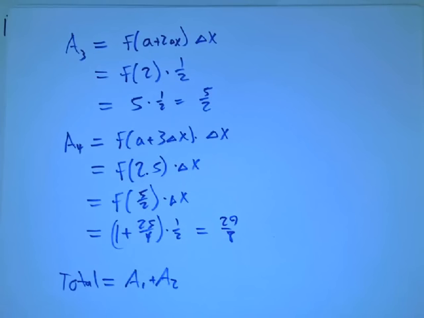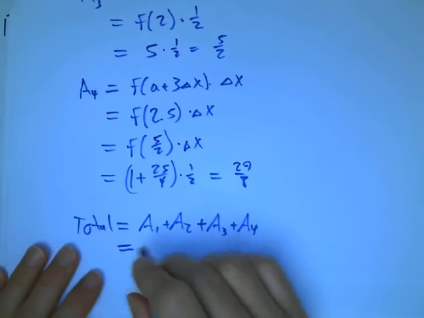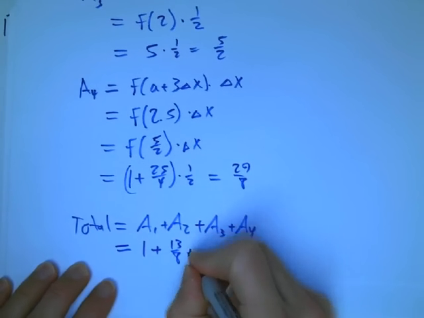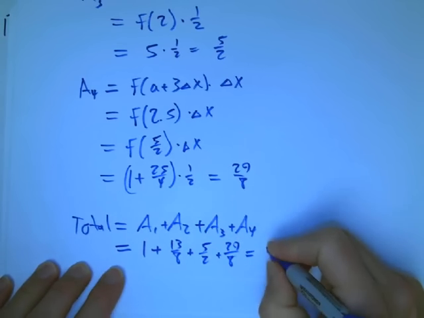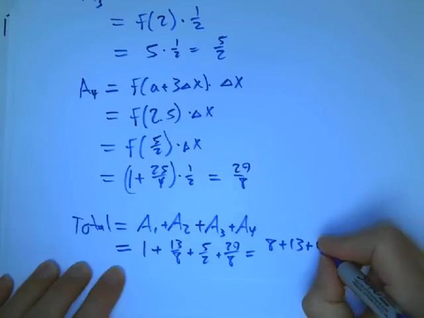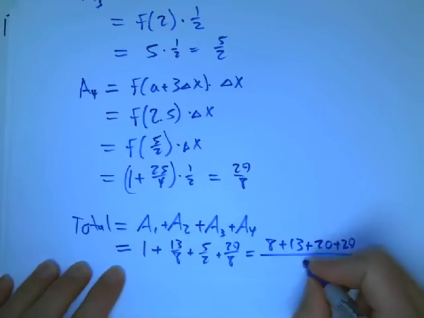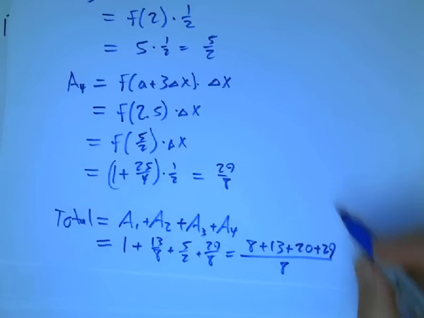So the total, A1 plus A2 plus A3 plus A4, is equal to 1 plus 13/8 plus 5/2 plus 29/8. Let's put it all over 8. 8 plus 13 plus 20 plus 29 over 8.